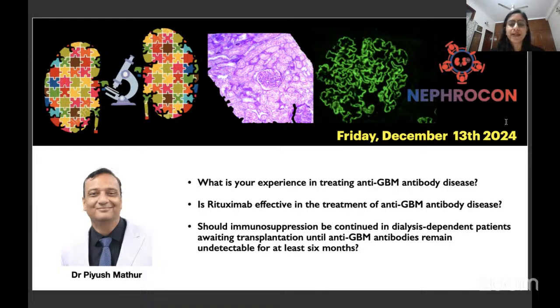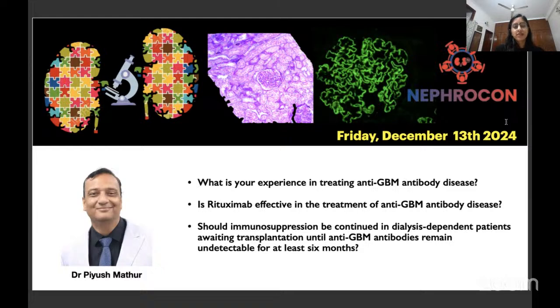Most of the time they present with 100% crescents, and we have almost never seen a repeat biopsy for these cases, because like sir said, they always have a very bad prognosis. They are generally taken up for transplant.